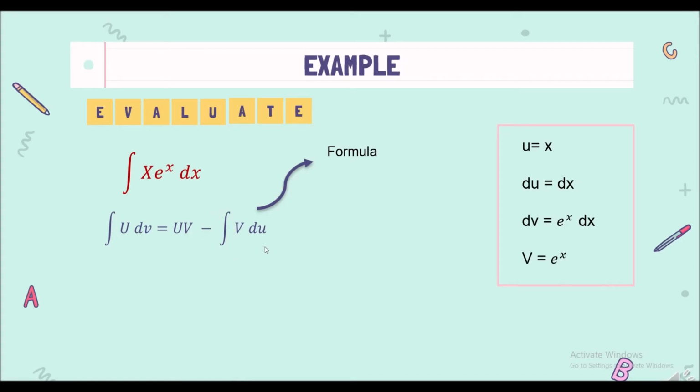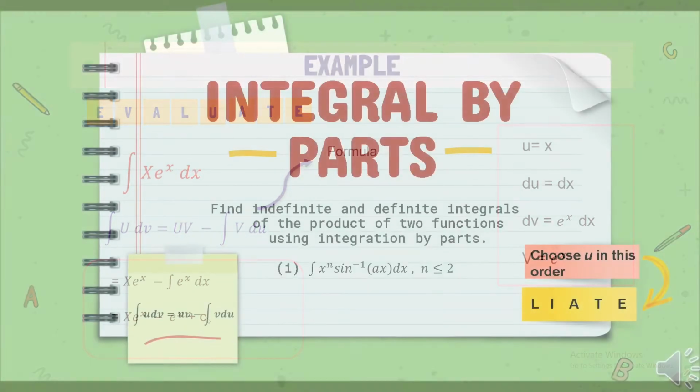So put in the values to get the answer: x e^x minus the integral of e^x dx. So the answer is x e^x minus e^x plus c. C is the constant.